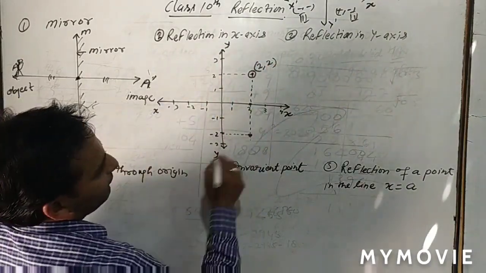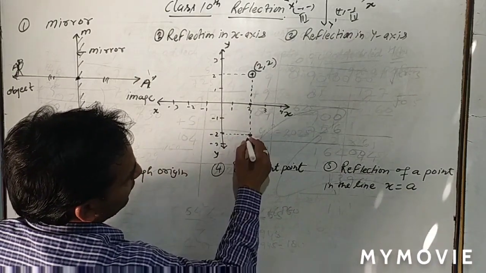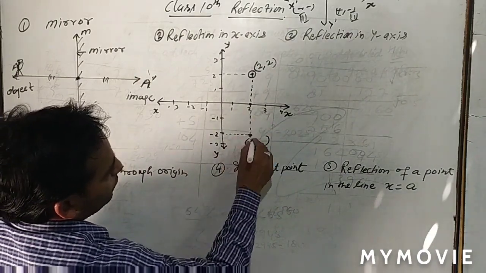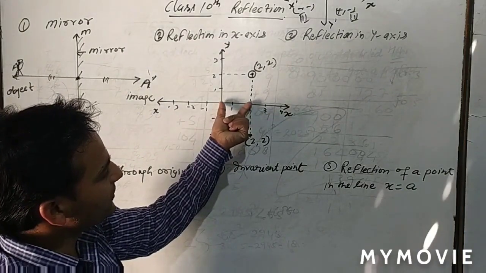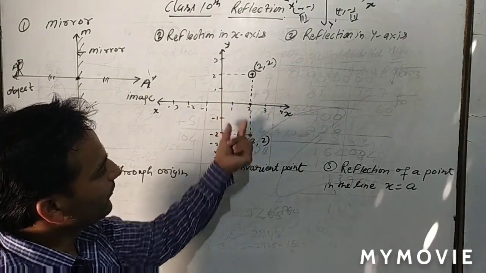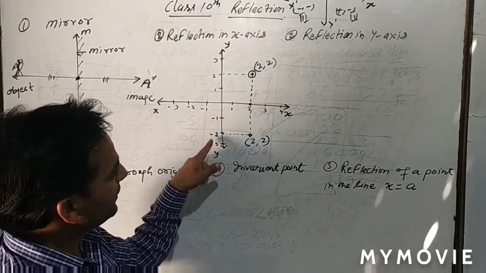So in the fourth quadrant we will get a point, and this point will be 2, 2, but in the fourth quadrant we have x, that is abscissa, plus 2, and ordinate is minus 2.